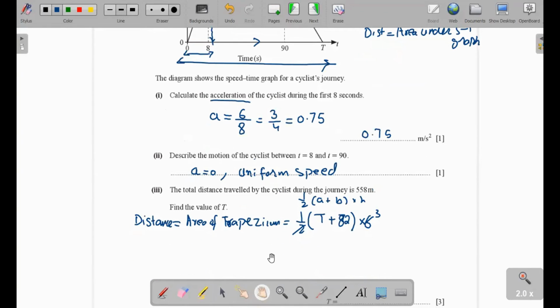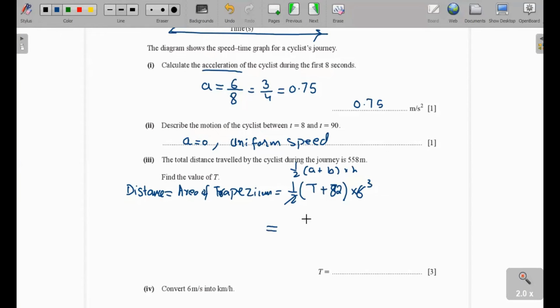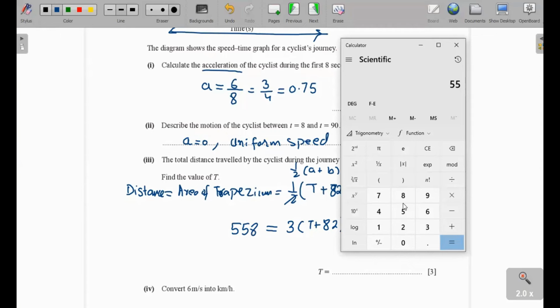Now we find the value. Here it is 3 into (t plus 82), and that is 558. Now 558 divided by 3 is equal to 186.